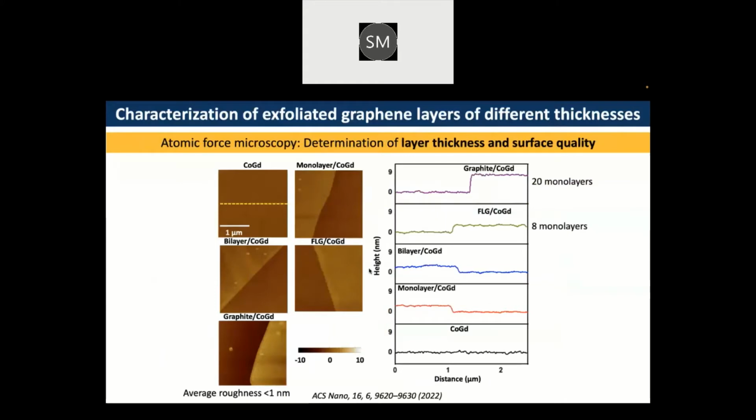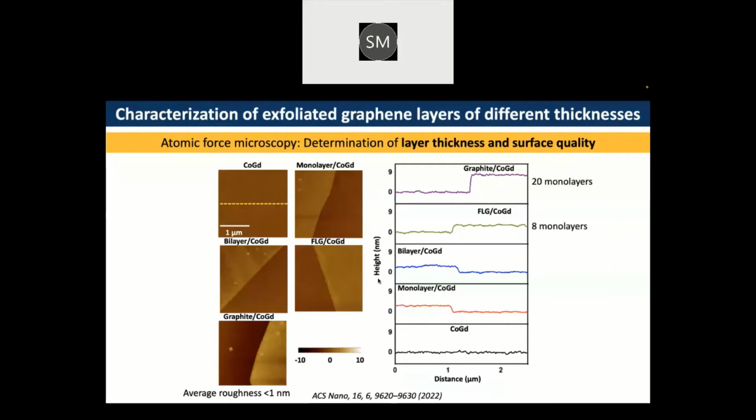We have also performed atomic force microscopy measurements to confirm the layer thickness and surface quality after deposition of the ferromagnetic film. The surface roughness is less than 1 nanometer. The thickness of graphene layers is determined from the line scan as well as the histogram estimation.